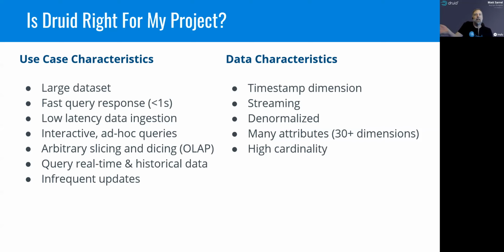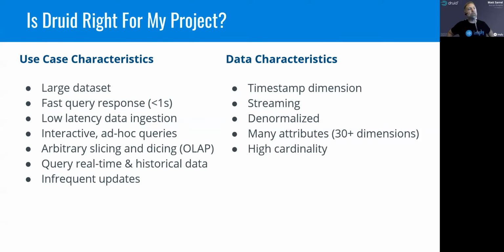Now, Druid will add this arbitrary timestamp, so you can work with data that doesn't have a timestamp, but really, I think what we're looking for here are events and things that go in order of time, because basically that's how Druid ingests and how Druid queries. You want to work with streaming data.